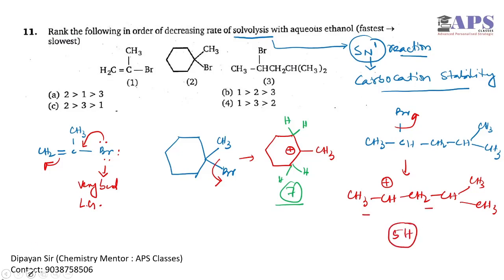So if we compare the carbocation stability, obviously 2 greater than 3 greater than 1, and the rate of SN1 reaction or the rate of solvolysis reaction is also 2 greater than 3 greater than 1. So this is going to be the right answer.